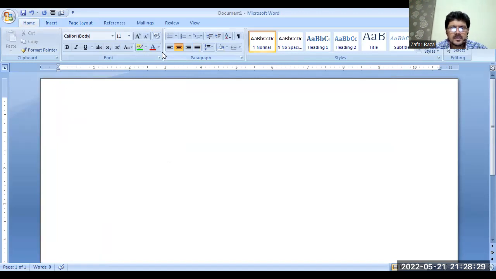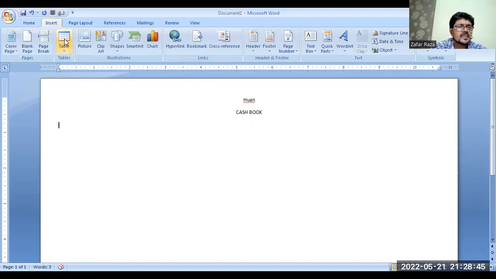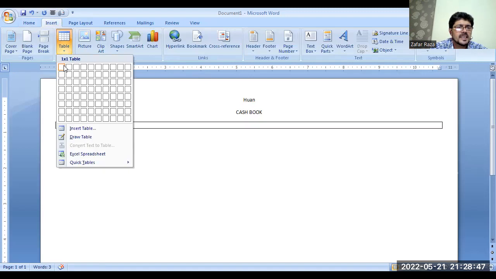Cash book. Insert tables. Date, particulars, post reference, debit, discount allowed, cash, bank.